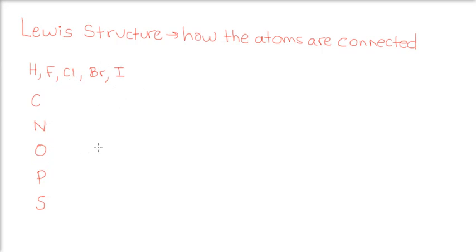So the bonding patterns of these elements are always going to be the same. Hydrogen and all of our halogens are always going to make a single covalent bond. So these elements very few times, or almost never, will ever make double or triple covalent bonds. They will always be single bonds.